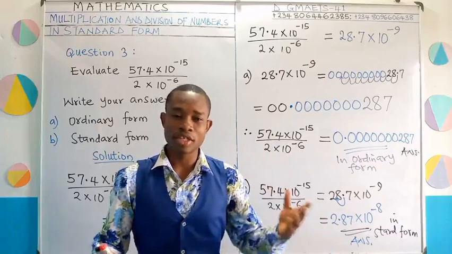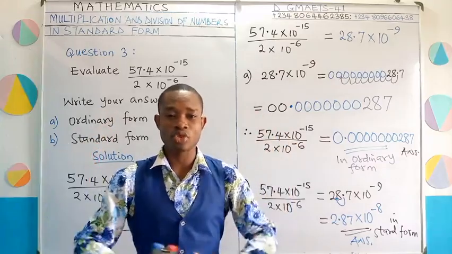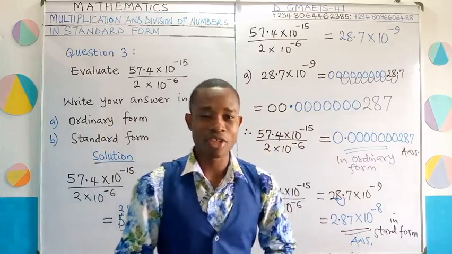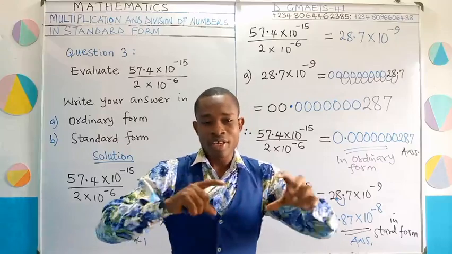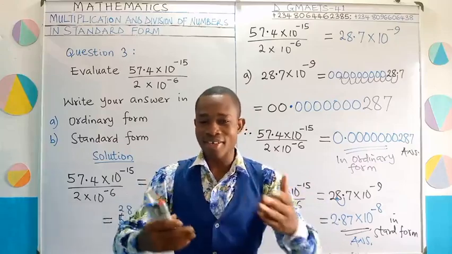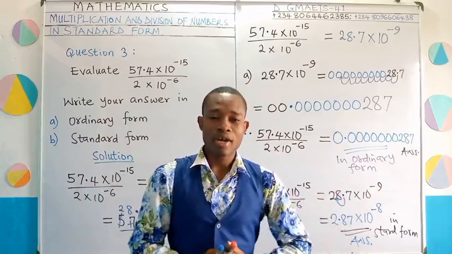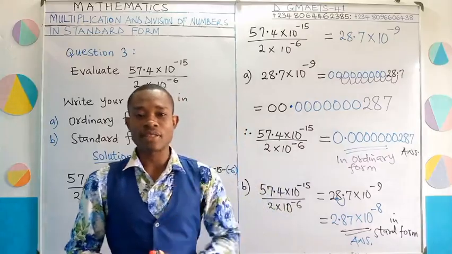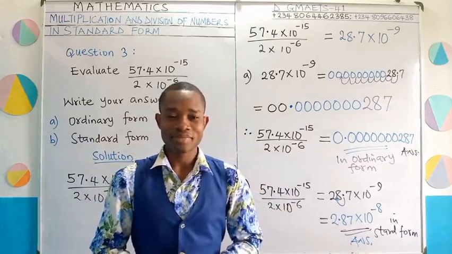Section 2, addition and subtraction of numbers in standard form. And of course, this last section where we treated multiplication and division of numbers in standard form. In each of the cases, I showed you how to write the numbers in ordinary form as well. Rewatch the video, copy out the lesson notes below each video lesson, and of course, take the quiz on them.